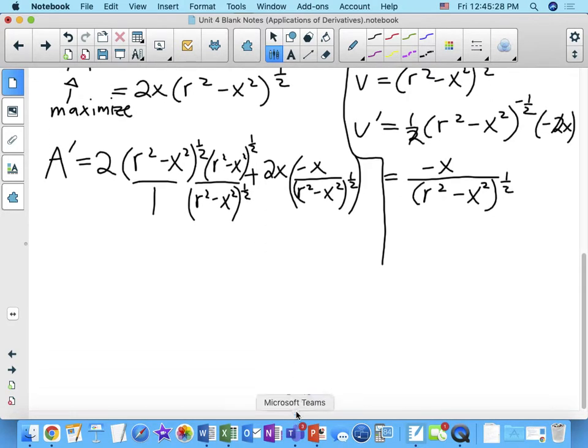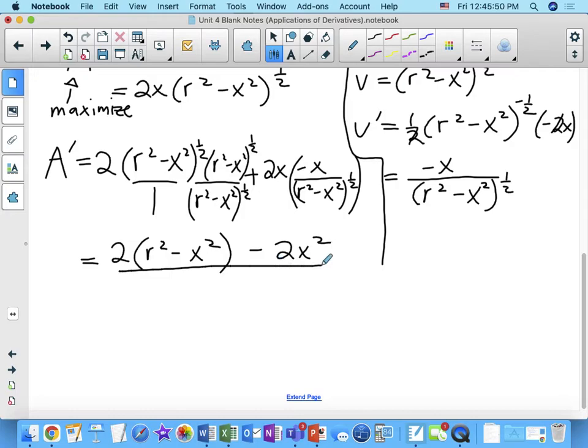And what ends up happening is that the exponent here is now 1, which is quite nice. So I end up with 2 times r squared minus x squared, and then plus 2x times negative x is minus 2x squared, over r squared minus x squared to the 1/2. And that is a prime.